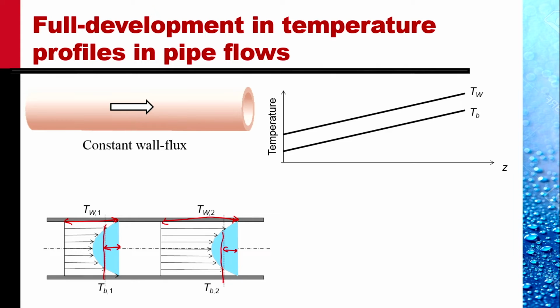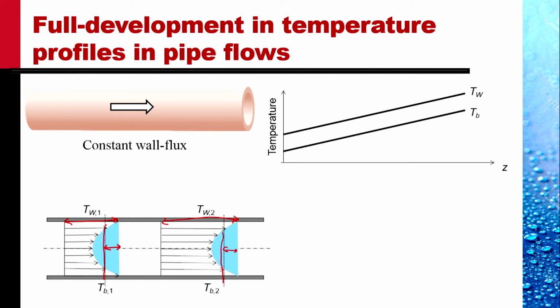And if the flow is fully developed, the temperature profile is fully developed, then this blue profile, which is T minus Tw or Tw minus T, should be invariant.